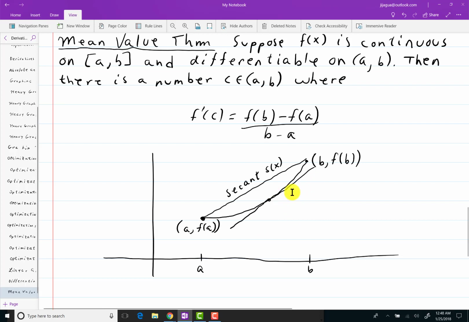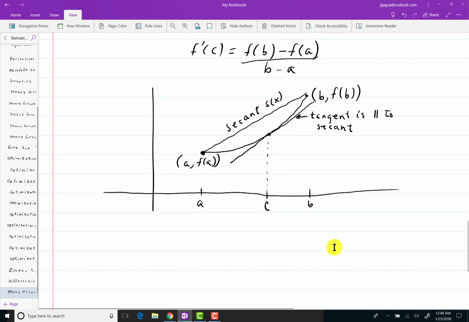That could be a tangent parallel to secant. And where is this particular number? Well, that's supposed to occur at this magical number of C. Right there. So that's the idea. There's going to be some place where the secant line slope equals the derivative at some interior point.